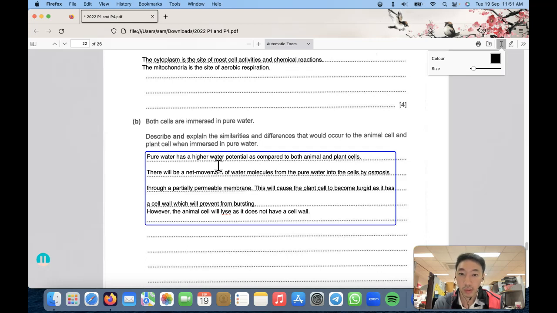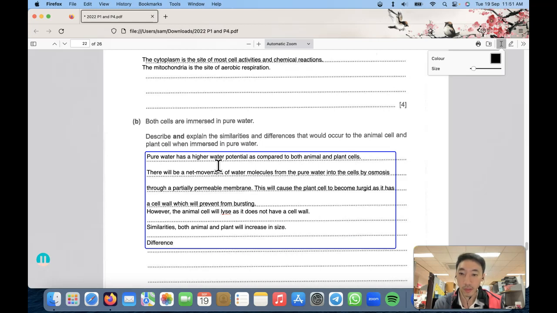So similarities: both animal and plant cells will increase in size. Differences: plant cell will become turgid, but animal cell will become lysed, or you can also just say burst.